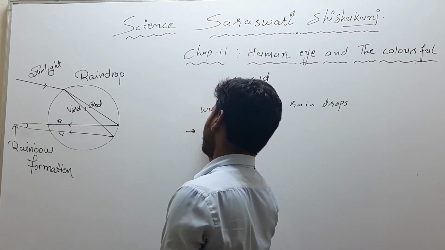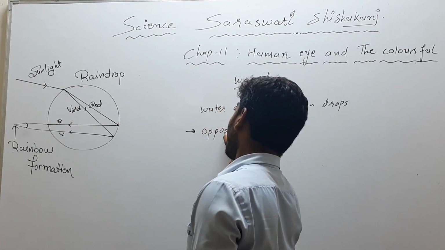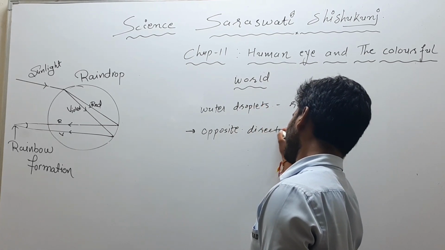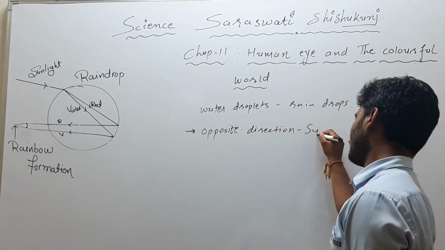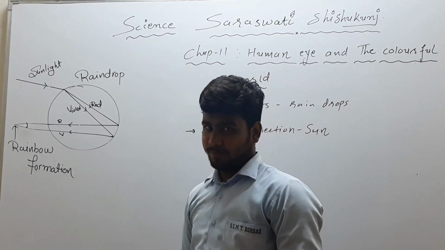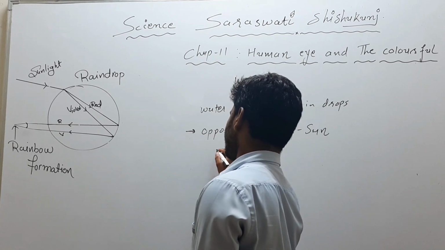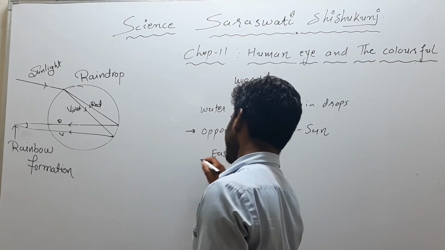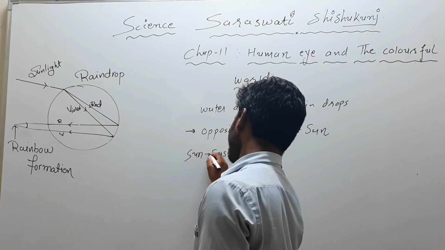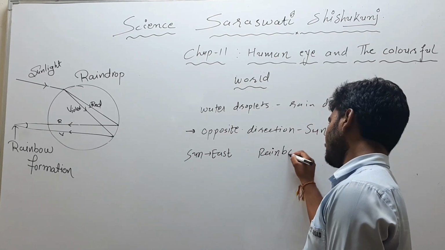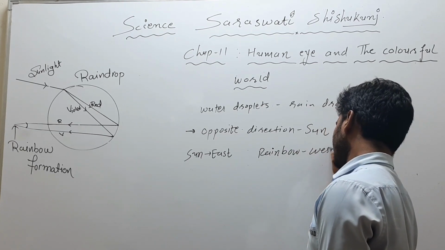Generally, rainbows are seen in the opposite direction to the sun. Okay, so at daytime, where is the sun? If the sun is in the east, we are able to see a rainbow in the west.